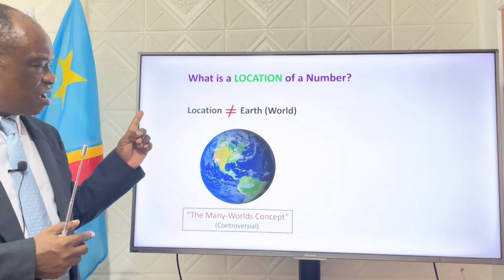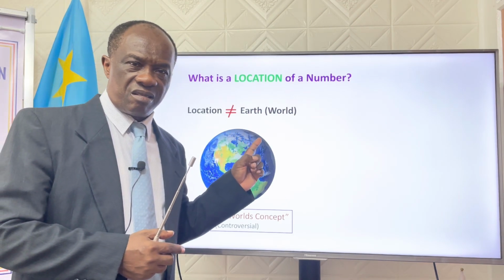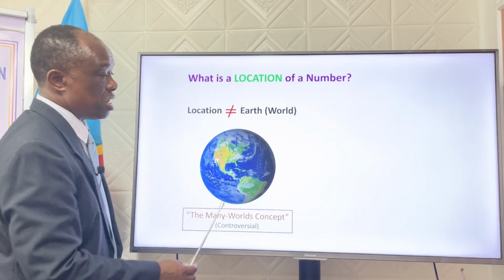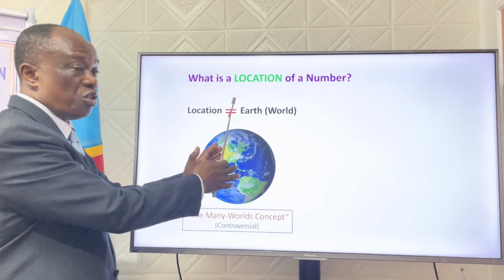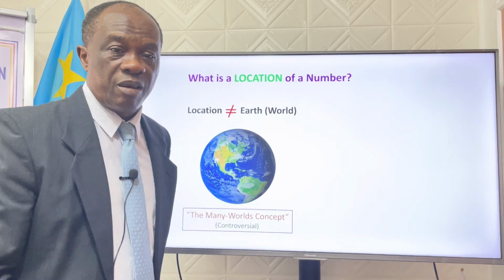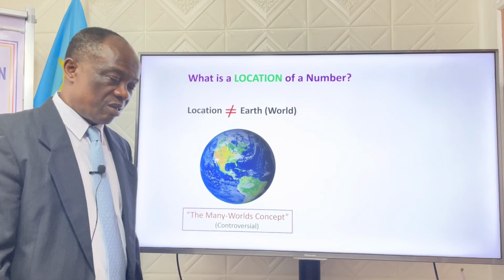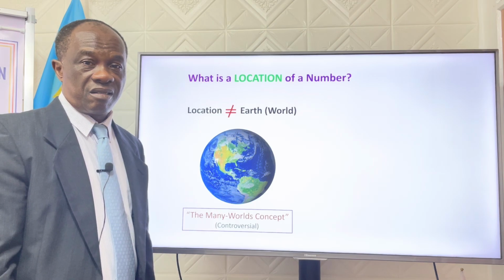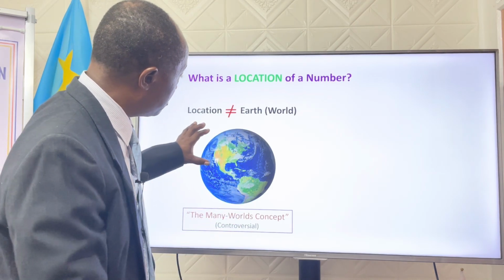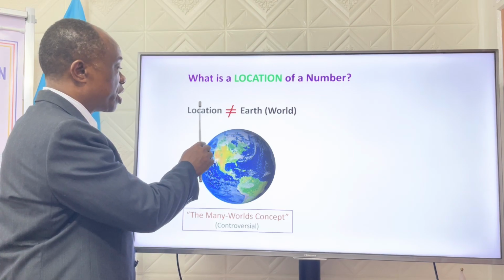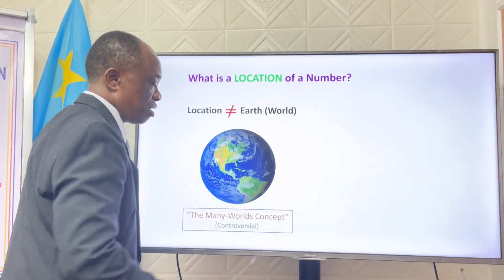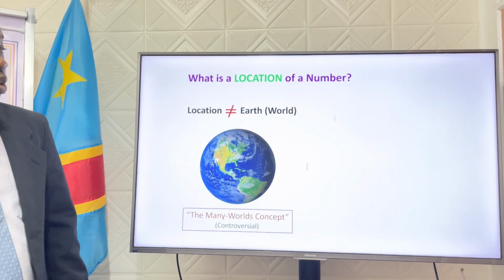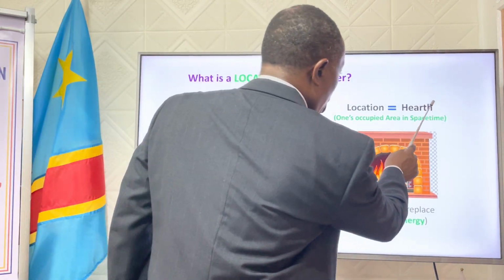And I think he never intended it to be expressing something like many worlds, meaning many earths or many universes as we call them today, the multiverse. No, that was not the thing. It's not about this. That's why I say location is different from earth or world. Instead, we have to understand it as a earth.